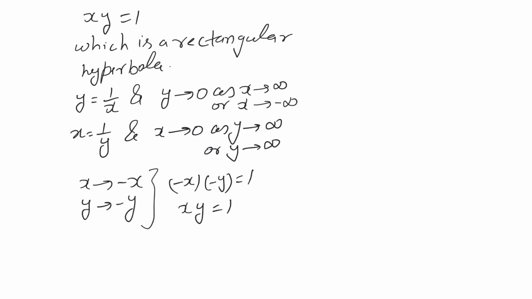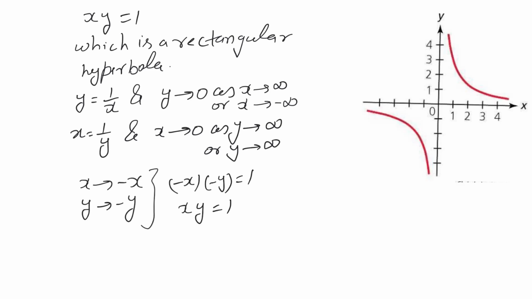Therefore we can say that the curve is symmetric in the opposite quadrants. This is the figure of the rectangular hyperbola. The first quadrant and its opposite, the third quadrant, are symmetric, meaning that when x is changed to -x and y to -y, the equation of the curve remains the same.